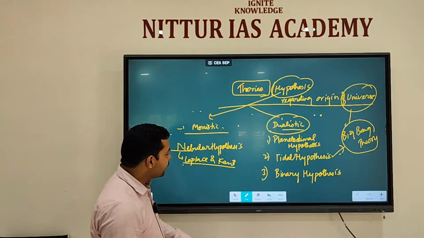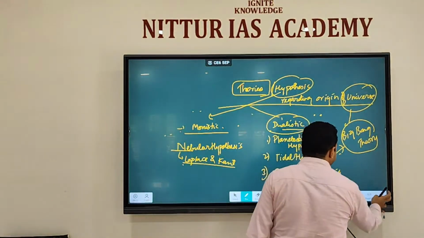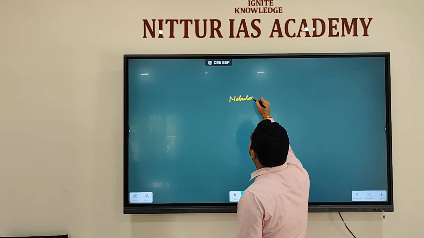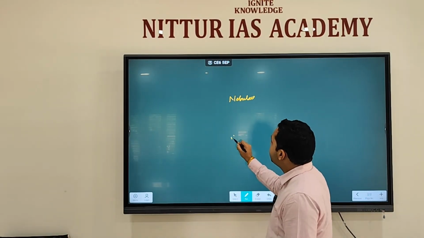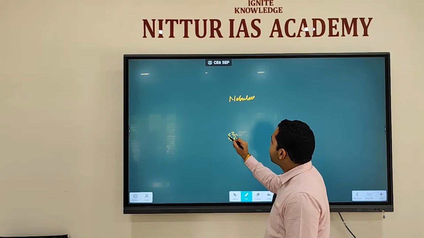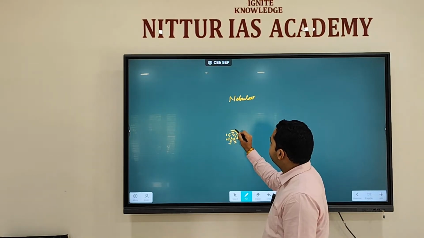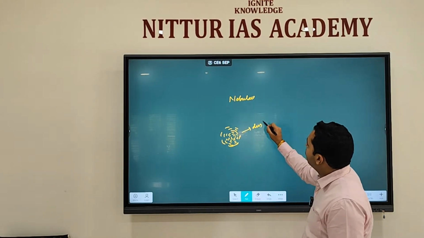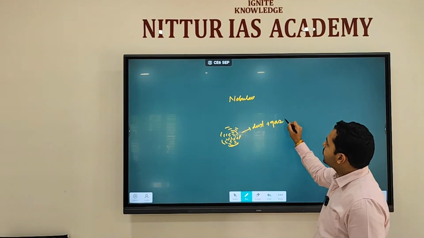Clear? Now the first thing, what is nebula basically? Nebula is basically a cloud of dust and gases. This is called nebula. So nebula is a cloud of dust and gases.